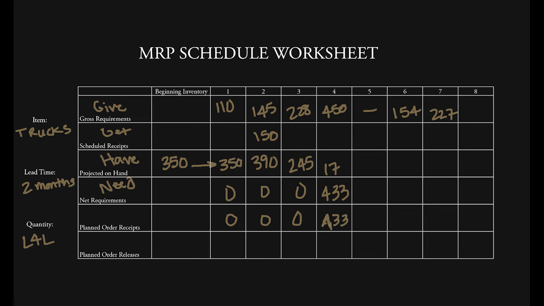This is where the lot for lot ordering comes into play. We can order exactly what we need. And if you look off to the side here, lead time is 2 months, meaning that we need to go back not 1, but 2 months to place this order.